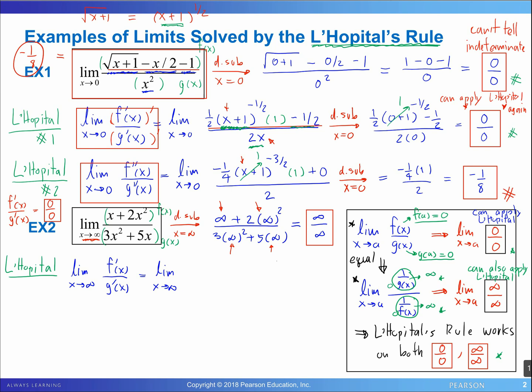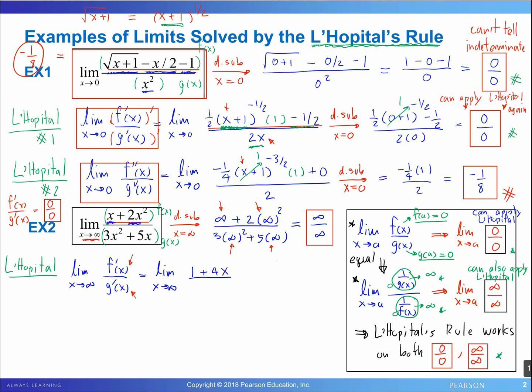And now we have to find this, f prime of x. So let's diff these terms right here. Let's start with the first one. Let's diff x, I get 1. Now I diff 2x squared, I get 4x.